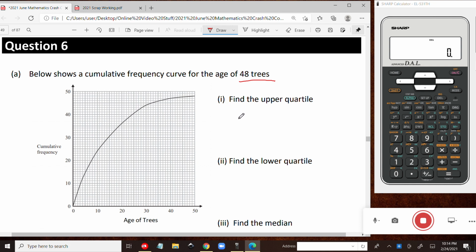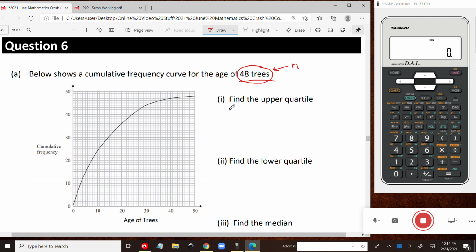What they want you to do is find the upper quartile. Now, to find the upper quartile, what we need to do is take the amount of trees first of all. Remember, there are 48 trees, so we're going to call this value n. n is just the total amount in the question. In today's question, it just happens to be 48.